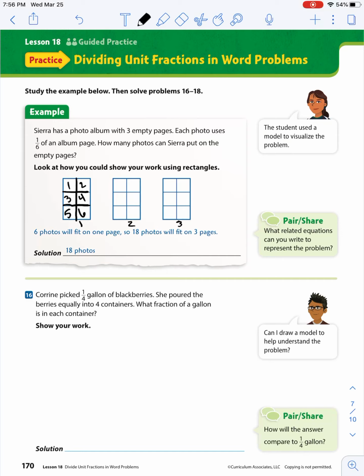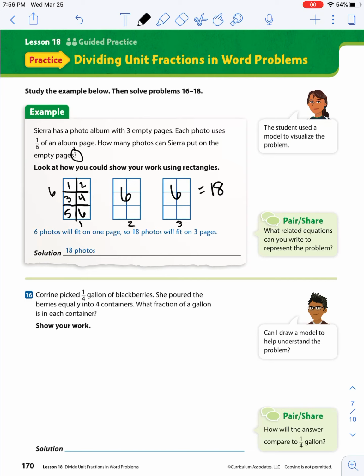Each page would fit 6 photos. So how many photos can Sierra put on the empty pages? She can do 6 on that one, 6 on this one, and 6 on this one, for a total of 18 photos.